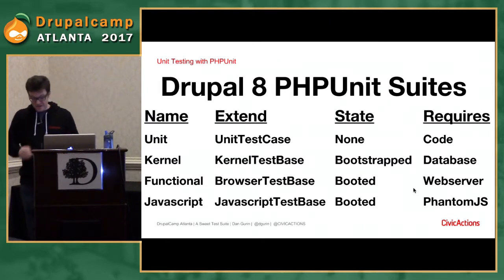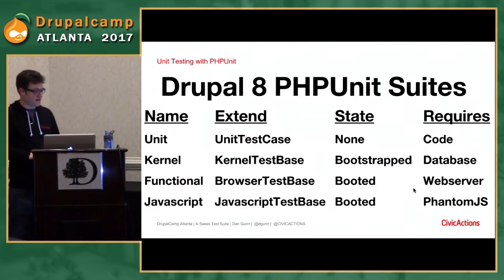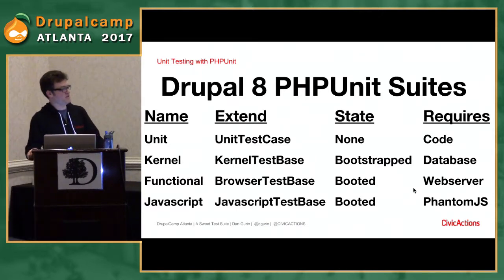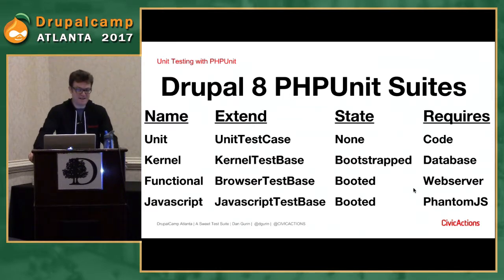So a lot going on here. These are the PHPUnit suites for Drupal 8. A little table here. So there's unit, kernel, functional, and JavaScript, and they each extend different classes. So I show you in this column what the classes are that they extend.